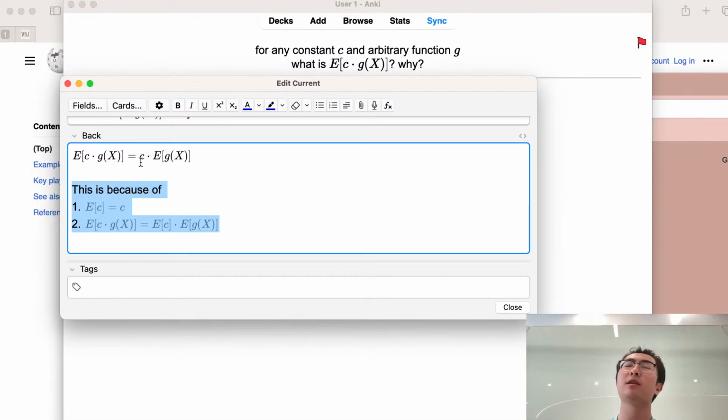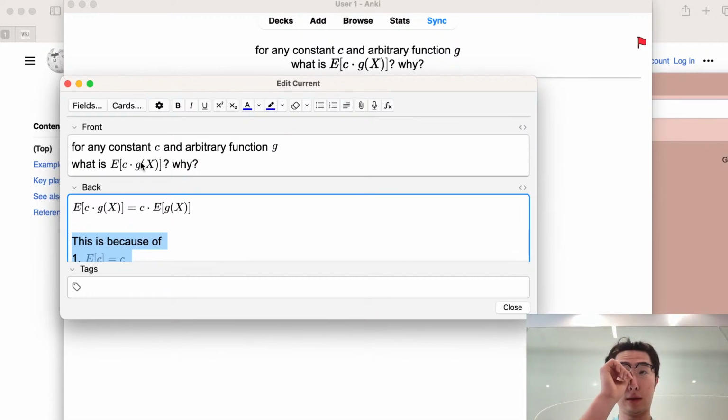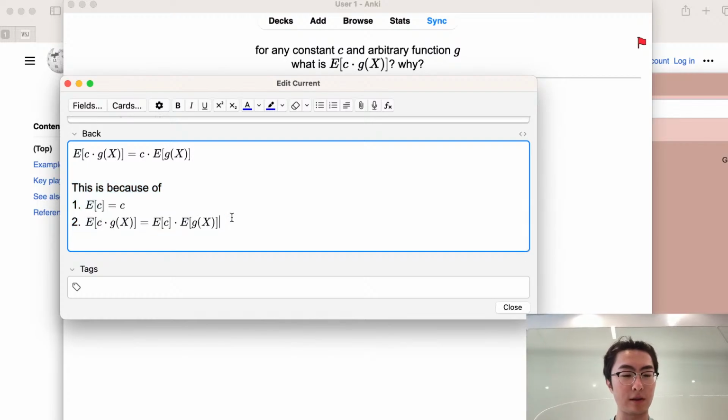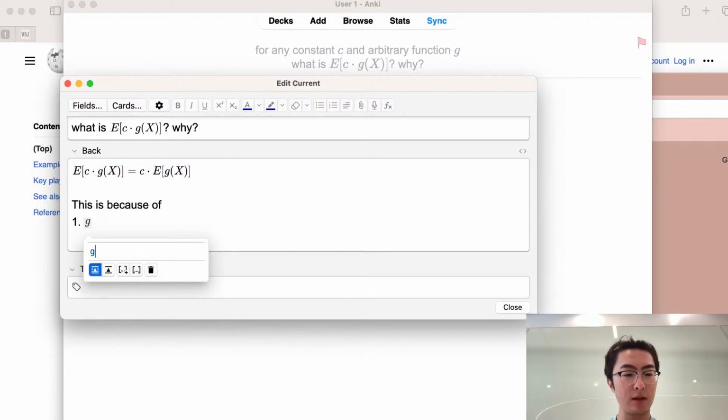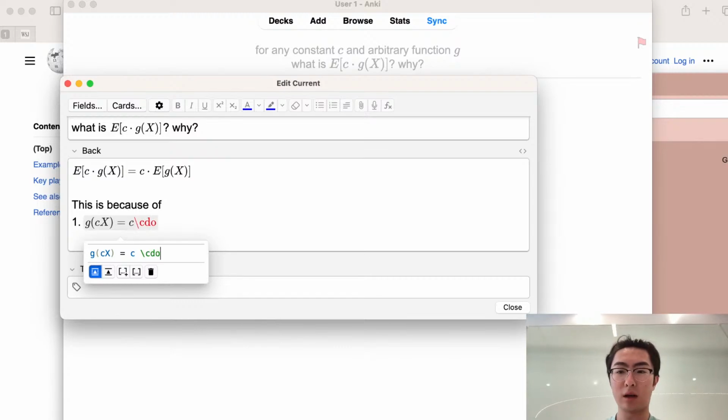Scaling this function, and if you were to say the expectation, it will be c... I think this is really because of, let's say, g of cx is equal to c times g of x.